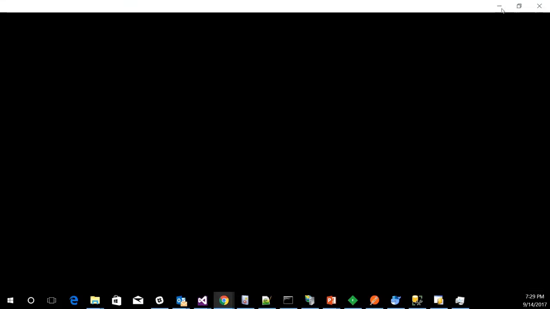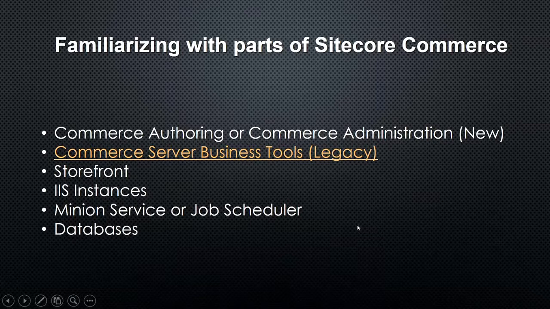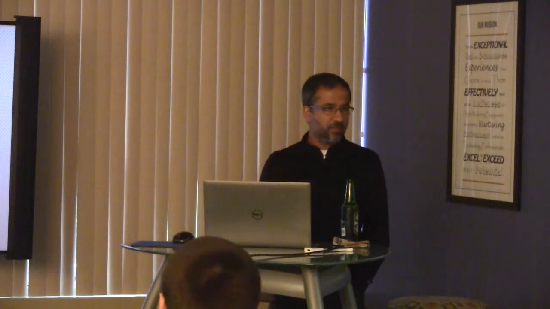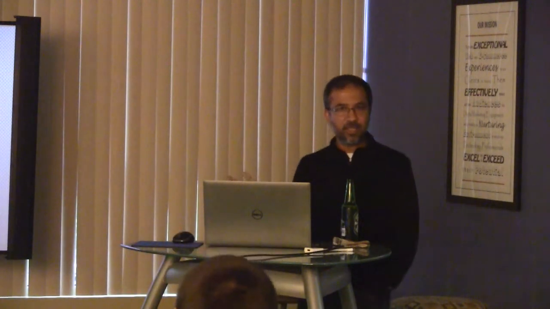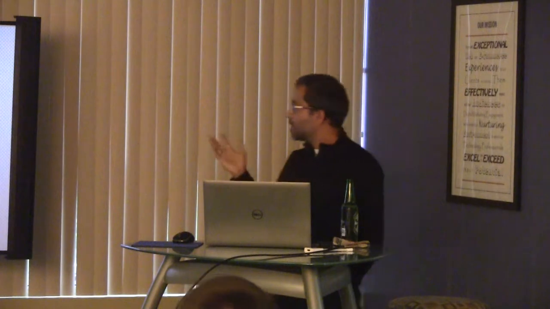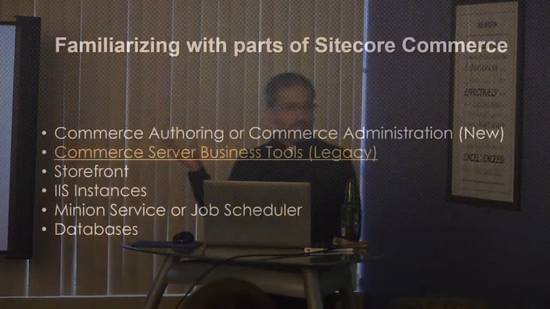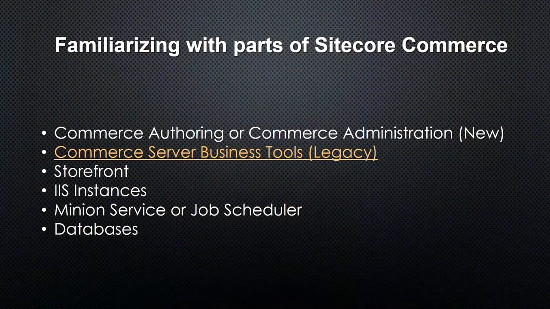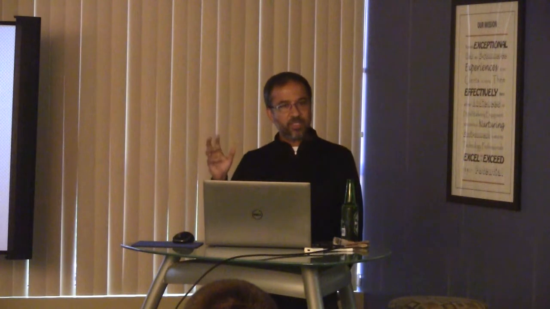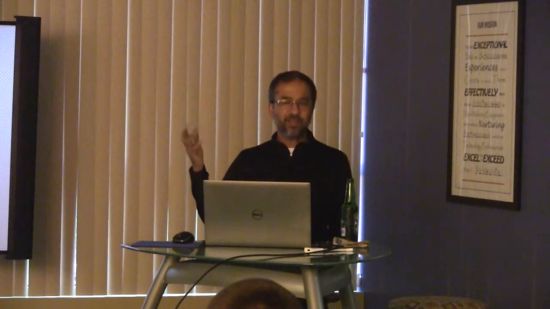Every commerce has to actually have some sort of scheduled job to process things or integrate with ERP and process orders or things like that. In case of Sitecore, it's called Minion. Minion service is really a background service. It runs asynchronously in the background.